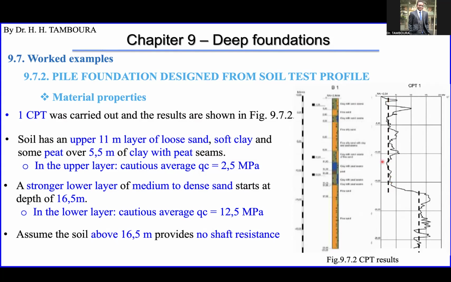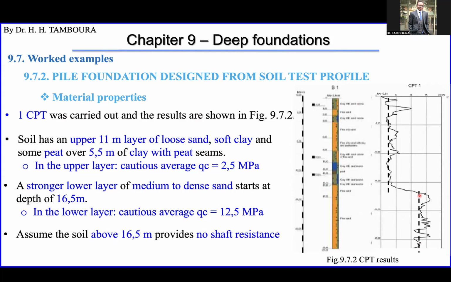It's not the average you used to do, but we make sure that this average is conservative. 2.5, and then this one, 12.5, for the dense, strong layer.